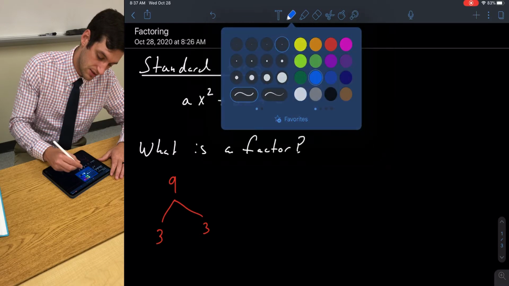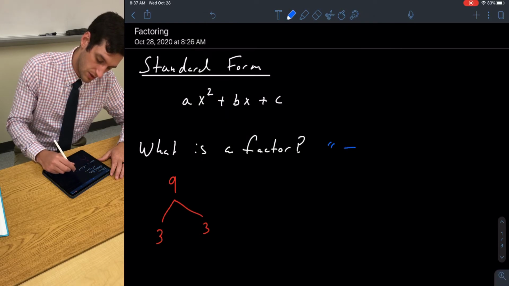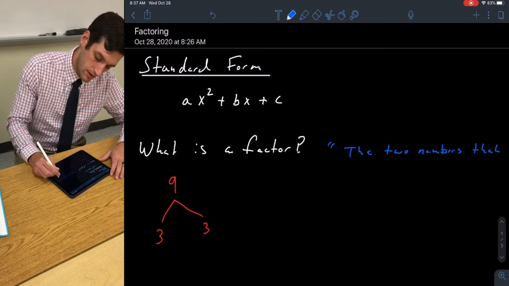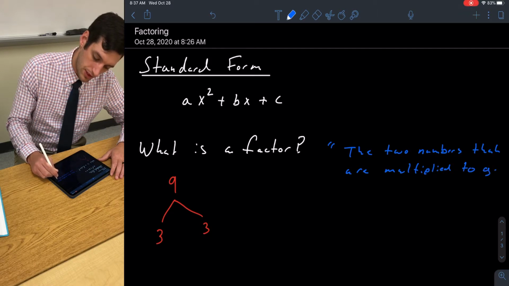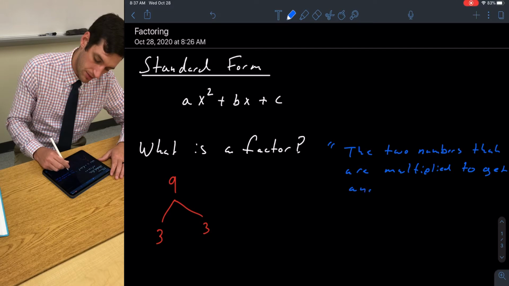So I'm going to write this in blue. A factor is two numbers that are multiplied to get another number.